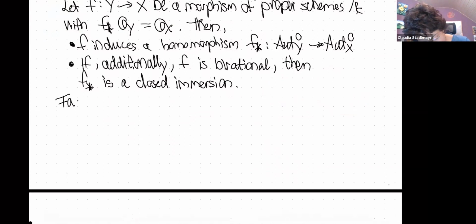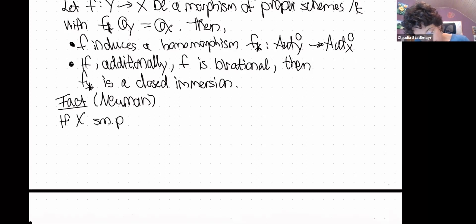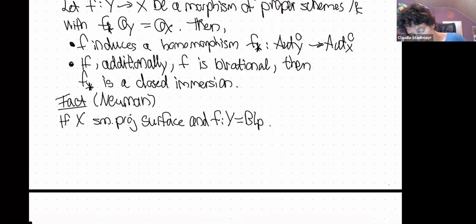So, fact, due to Blanchard, if X is a smooth projective surface, we don't even need rationality here, and f is the blow-up of a point P in X.